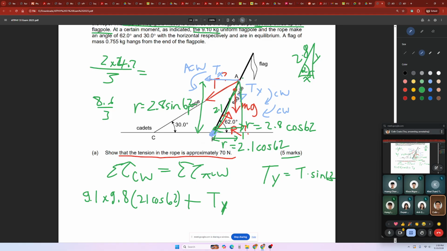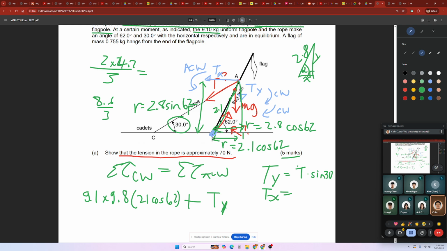Oh, not 62. My bad. Over here. Let me just erase that. So T's components are based on the 30 degrees, not the 62. So it's going to be sine 30.